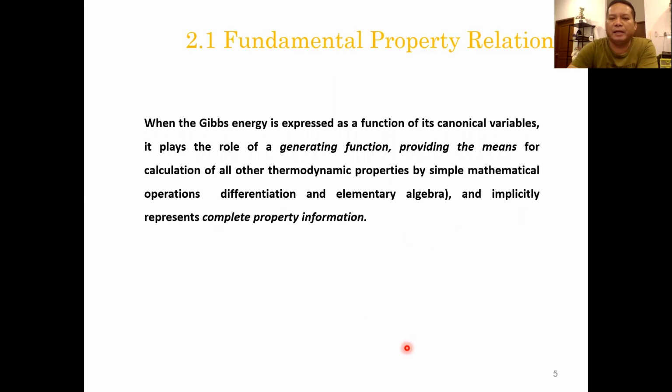So when Gibbs energy is expressed as a function of canonical variables, it plays the role of a generating function, providing the means for calculation of all other thermodynamic properties by simple mathematical operations, differentiations, and elementary algebra, and explicitly represents complete property information.